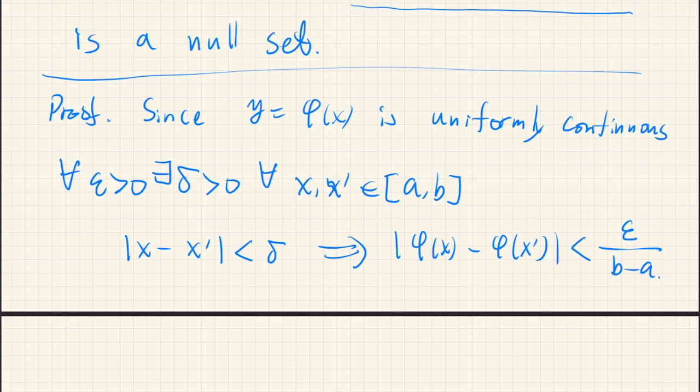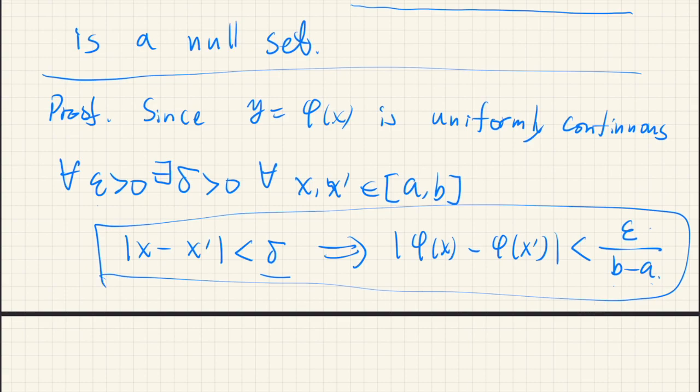Since epsilon is any positive real number, epsilon over b minus a is also any positive real number, right? So we can always find some positive delta such that this holds.